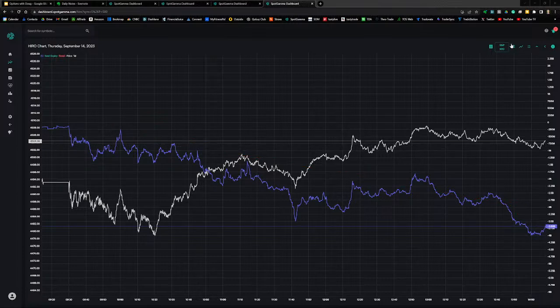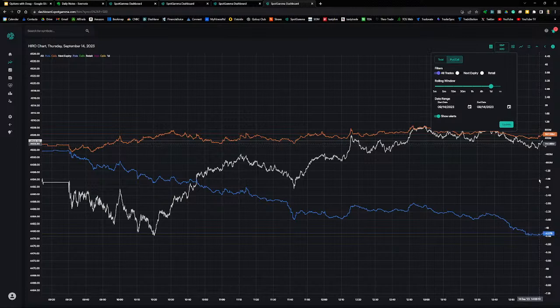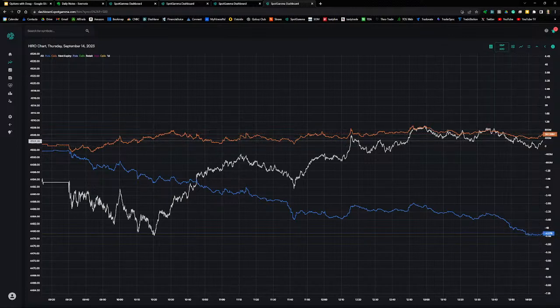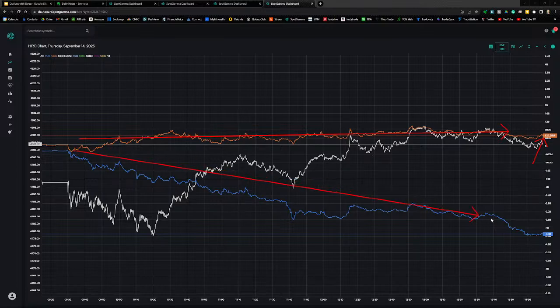So first of all, we can slice and dice this into puts and calls. Very clear that traders are buying calls, but that's this orange line shows call transactions. It is positive, notional value positive, so they're buying calls for today. But this blue line showing puts is just steady down all the way.